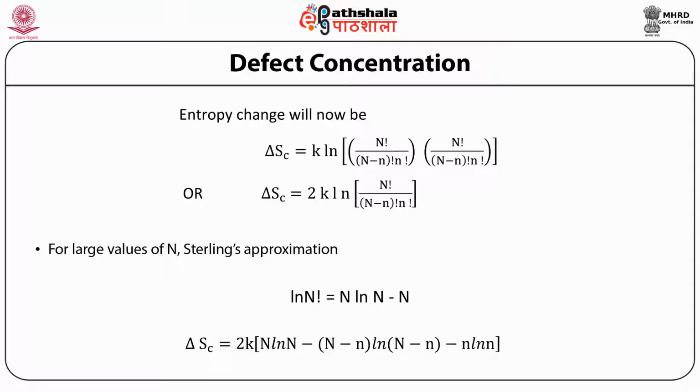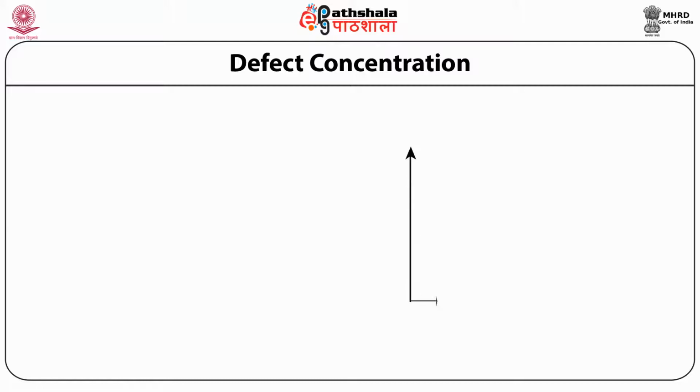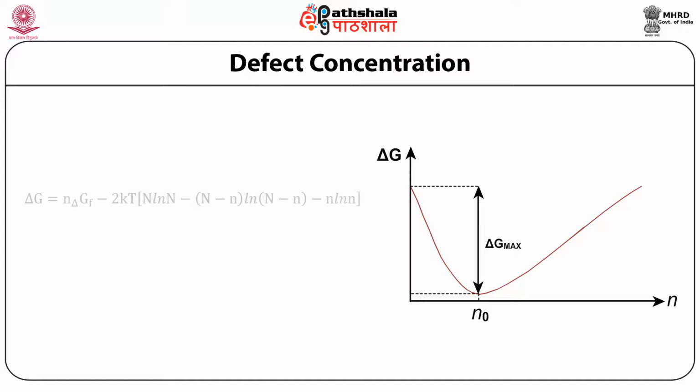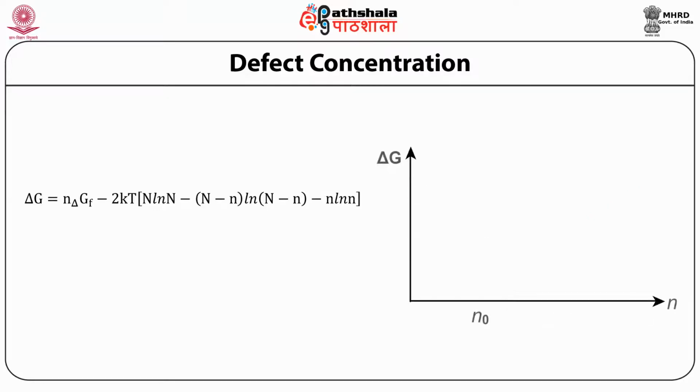And the total free energy can be expressed and is shown in the next slide. Now the expression for the total free energy change is given as delta G is equal to n delta Gf minus 2kT bracket start N ln N minus (N minus n) ln (N minus n) minus n ln n.